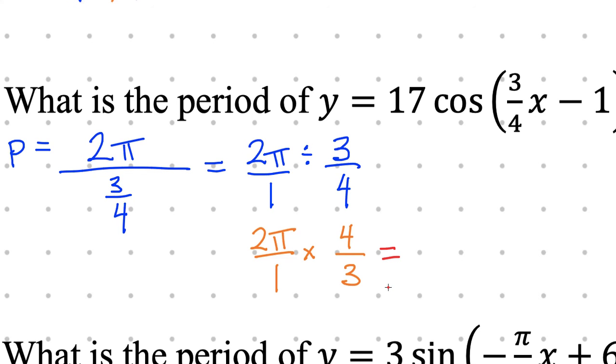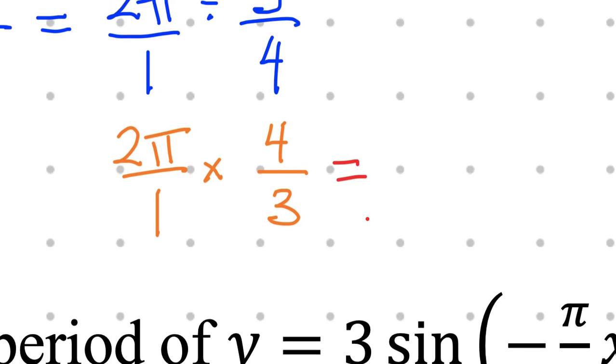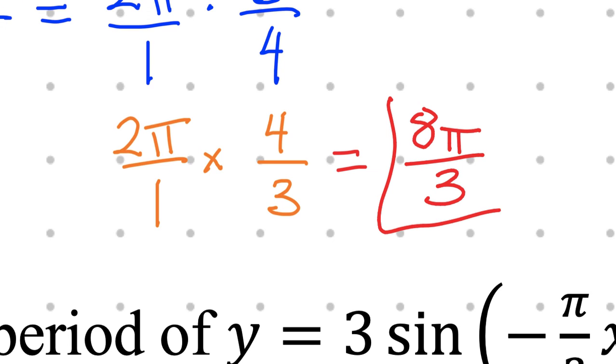Yes, Cheyenne. Multiply the tops, yep. 8, yep. Done, box it. There's our period, 8 pi over 3.